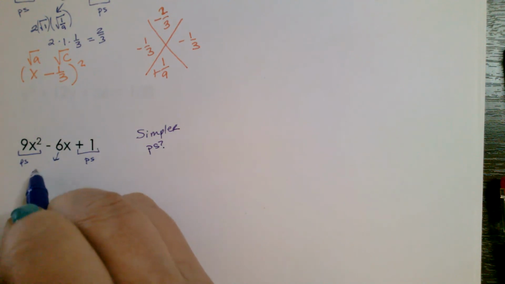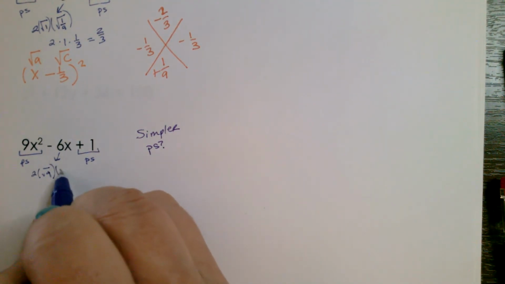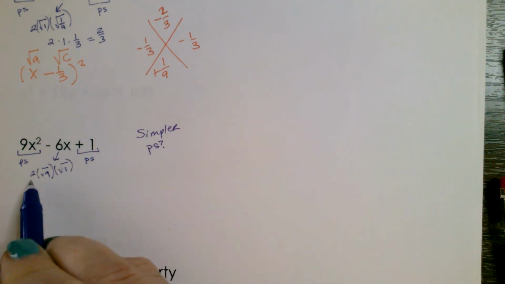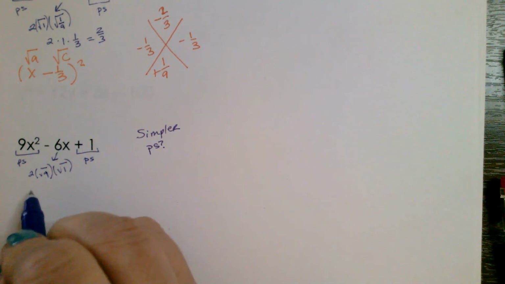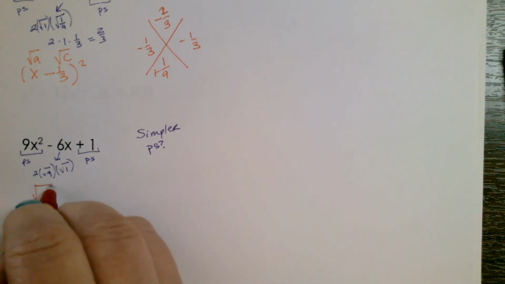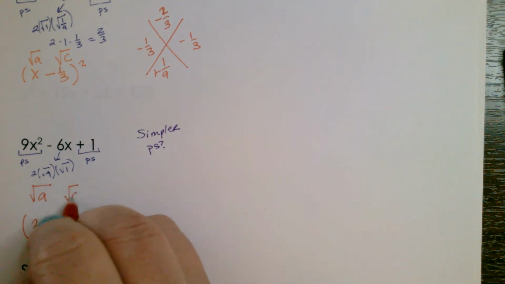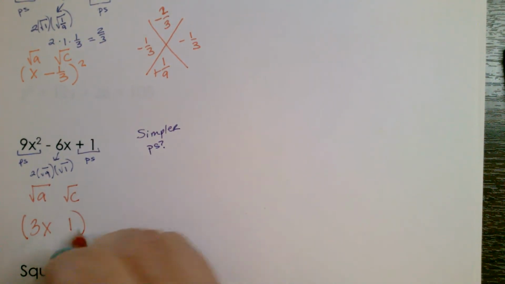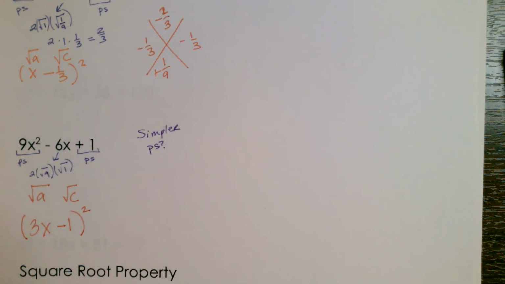Is this 2 times the square root of a, which is 9, times the square root of 1? 2 times 3 times 1? It sure is. That means I would take the square root of the a term, 3x, take the square root of the c term, 1, sign in front of b squared.